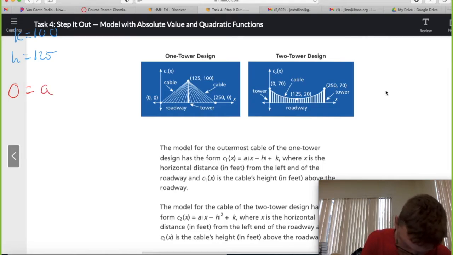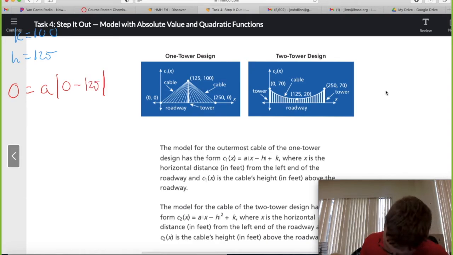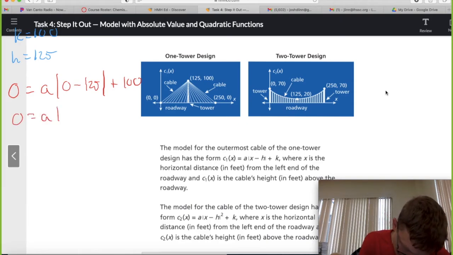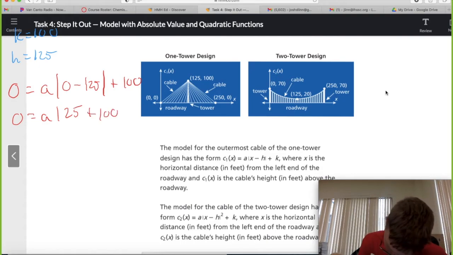a times the absolute value of x, which is 0, minus h, which is 125, close absolute value, plus 100. Okay, so we can do that math. So 0 equals a times 125 plus 100.